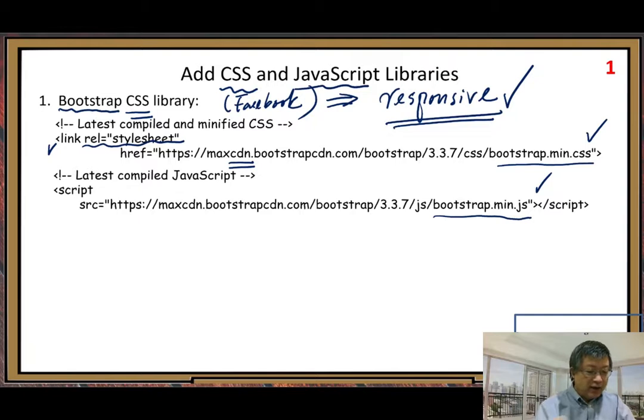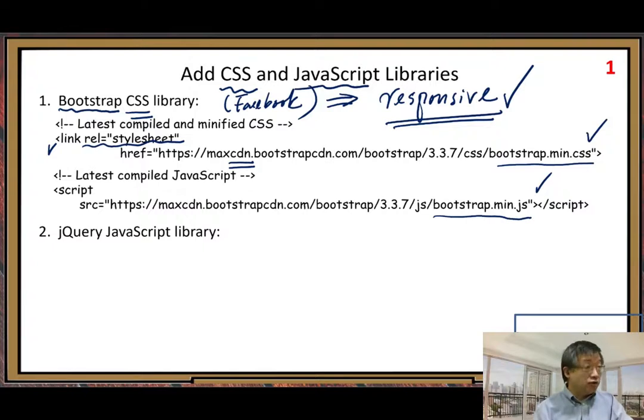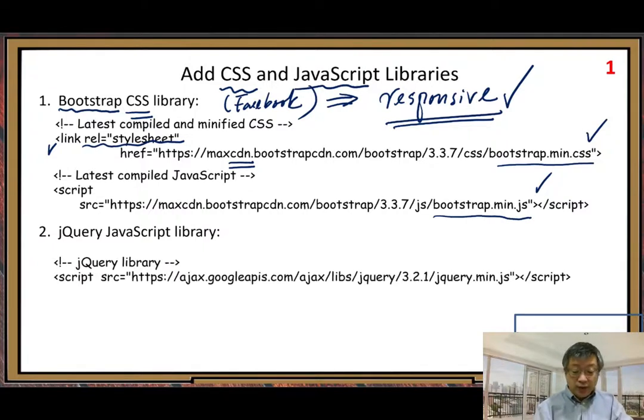And next is a well-known jQuery JavaScript library. It is very popular for the web development community. jQuery can add more useful features on top of the standard regular JavaScript.